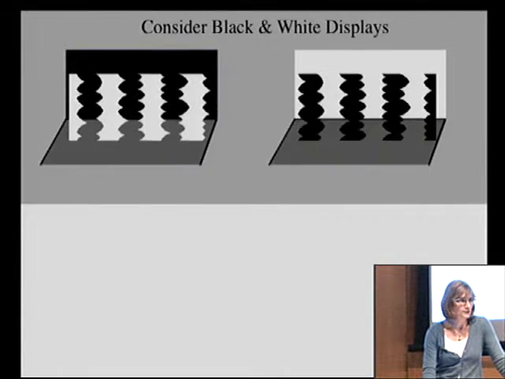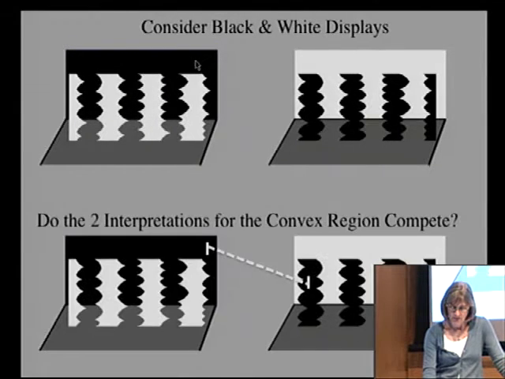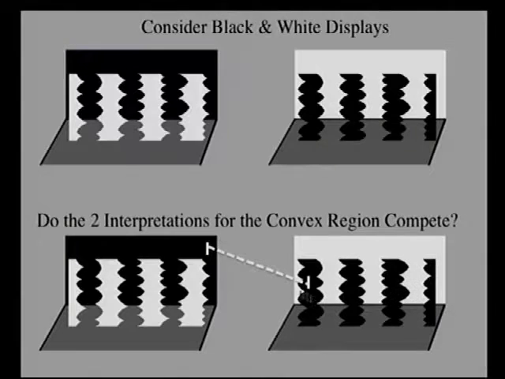So here are the 2 possible interpretations for the black and white displays. Convex objects in front of a white ground in front of a background, or concave objects in front of a background. So what we're going to ask is, do the 2 interpretations for the convex region compete? The convex region being the object versus being the ground.